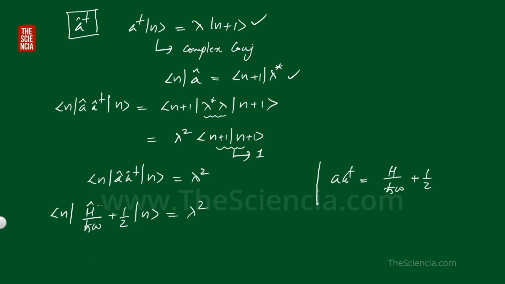So this is the Hamiltonian operator, so I can expand this function, that is bra n H cap by h cross omega ket n plus bra n 1 by 2 ket n equal to lambda square.